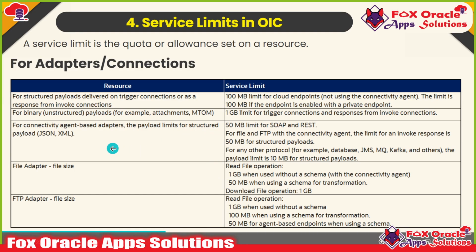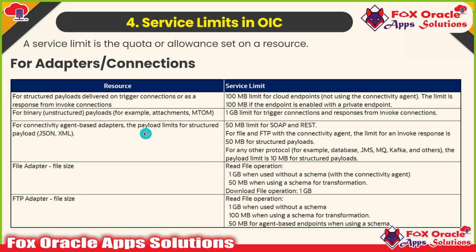In the same way, the connectivity agent has its own limitation again, of 50 MB. For the endpoint we use through the connectivity agent, the request payload or response payload cannot be more than 50 MB. We will talk about all these things when we go to the agent.